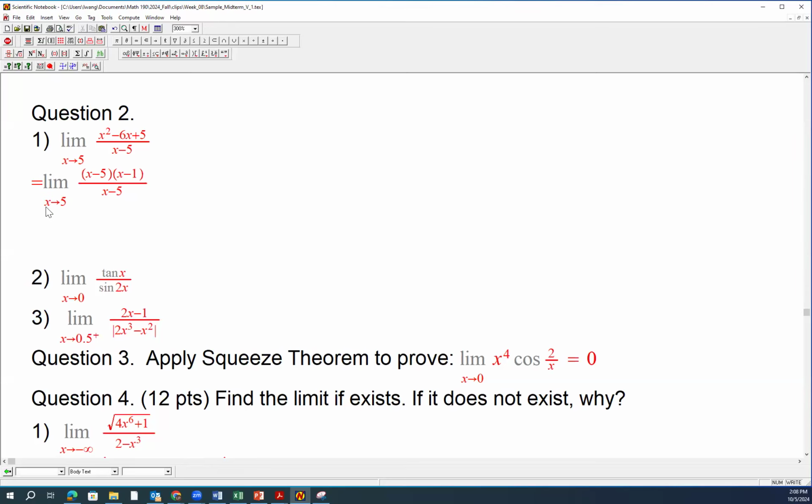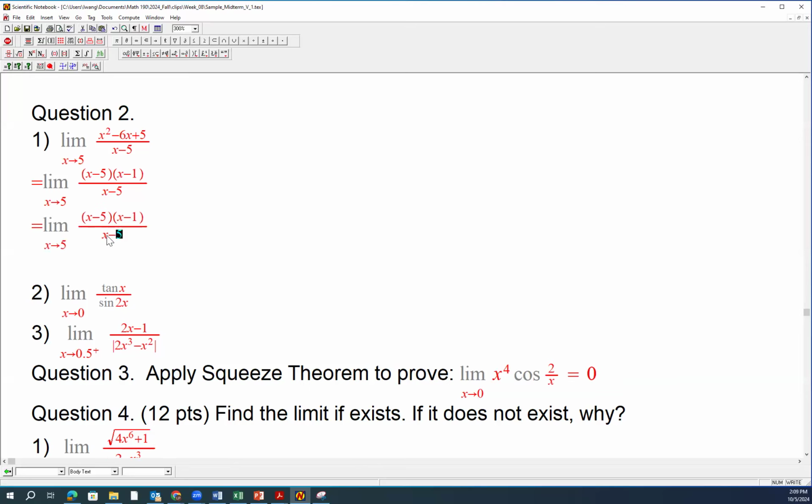That's because x approaching 5, x does not equal 5. Therefore, x minus 5 is not 0. If x minus 5 is not 0, we are reducing this function by canceling x minus 5. So we are left with x minus 1.